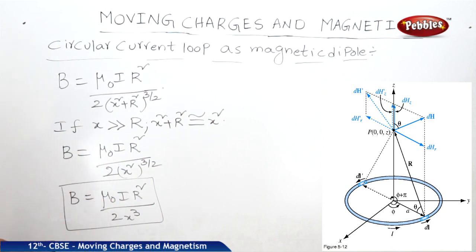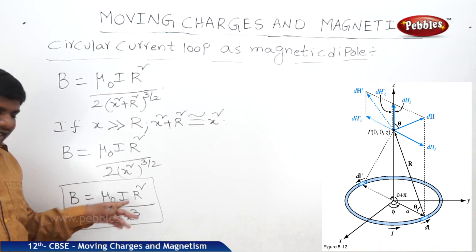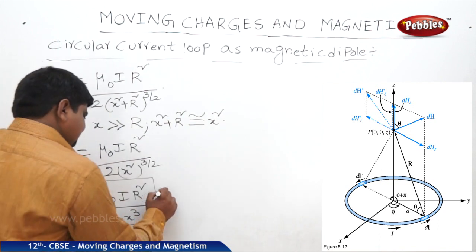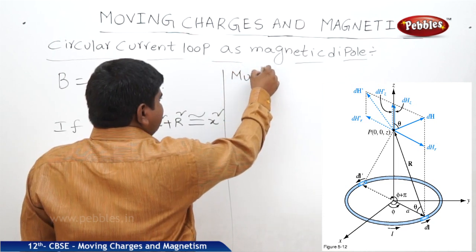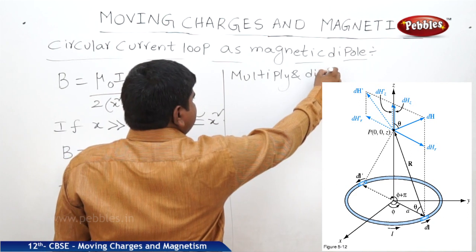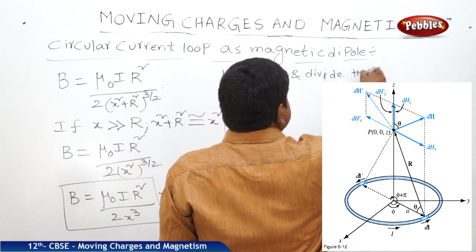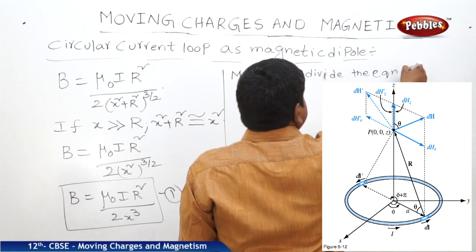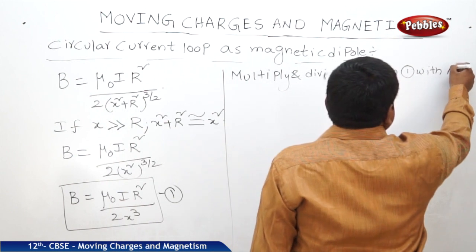But this expression is not in the standard form of a magnetic field. We should actually get mu naught by 4 pi. So for that purpose, we multiply and divide equation 1 with pi.